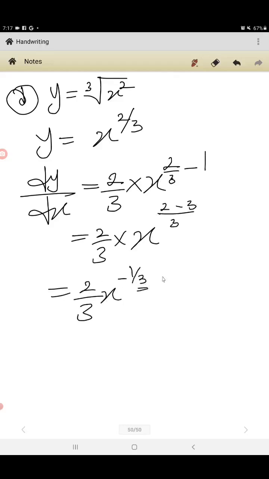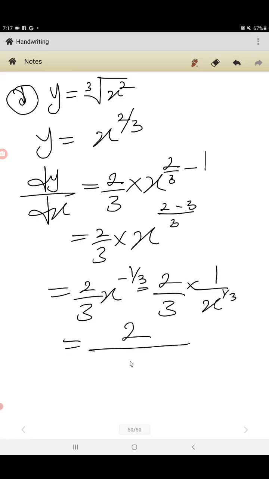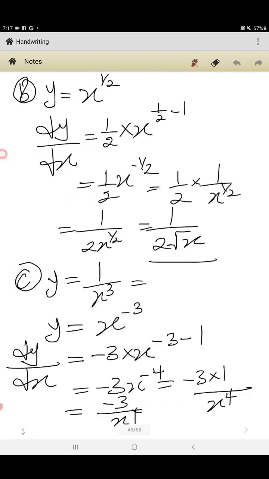So you can rewrite to have 2 over 3 times 1 over x raised to 1 over 3, which will be 2 all over 3 cube root x. That is just the value for this, for how to apply the general formula.